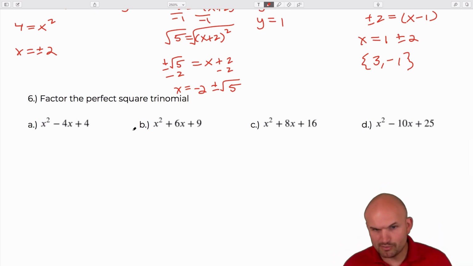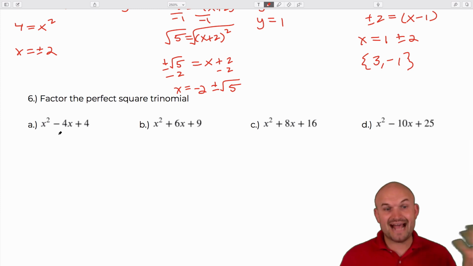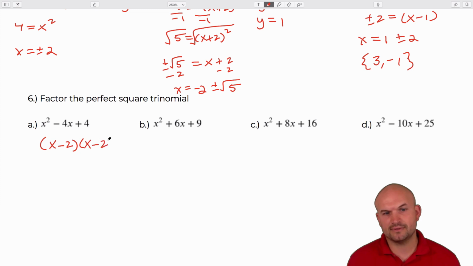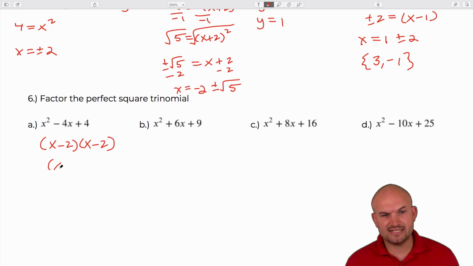So we know these are perfect square trinomials. Basically, we're looking for what is the same number that multiplies to give you 4, and then that adds to give you negative 4. So therefore, we can recognize this as x minus 2 times x minus 2. Now, typically, when we're writing these as a binomial squared, we just write x minus 2 squared.